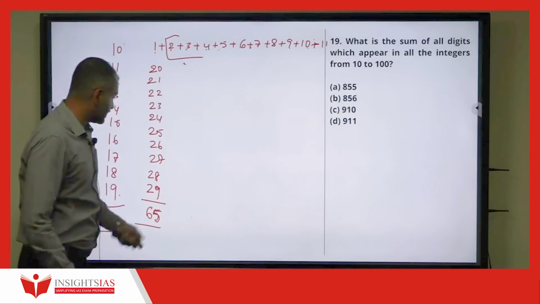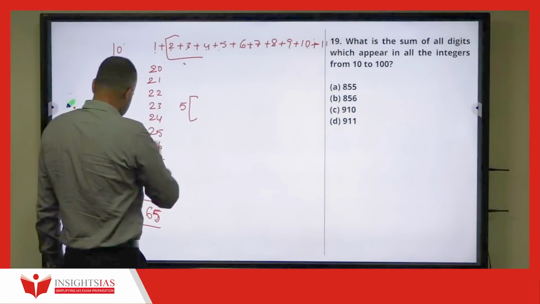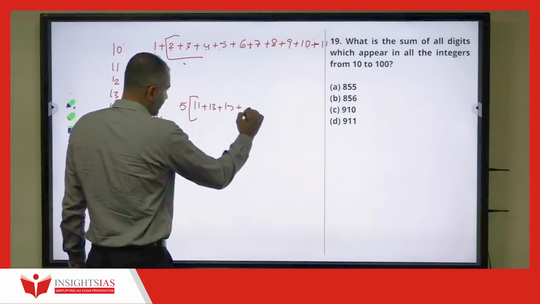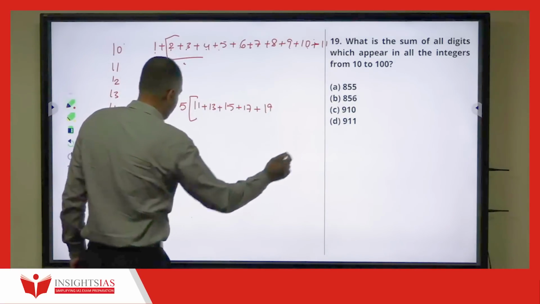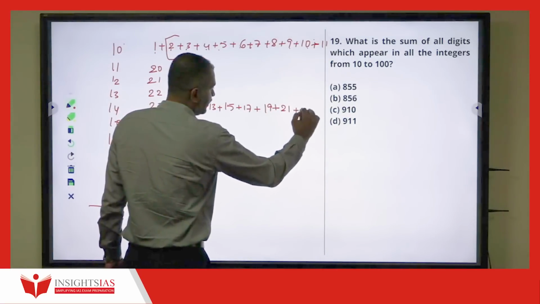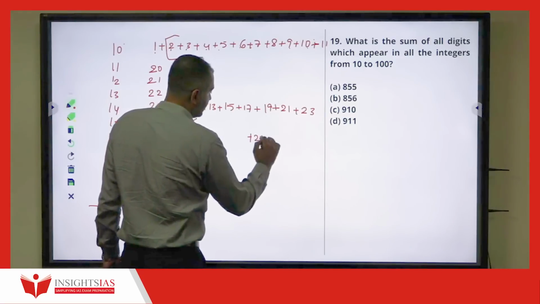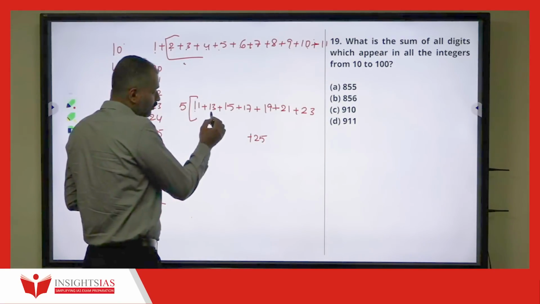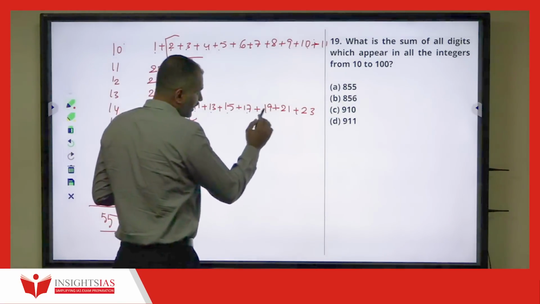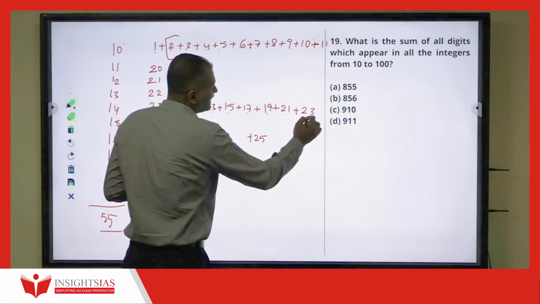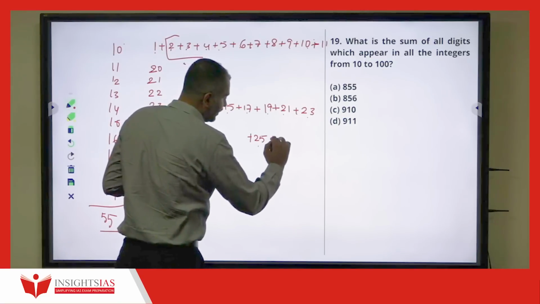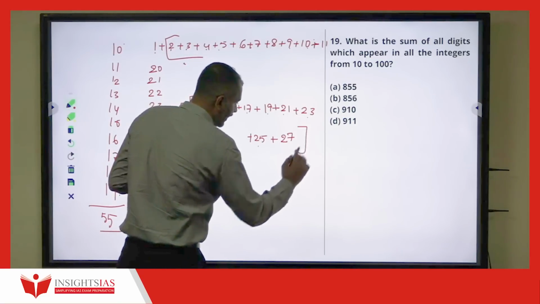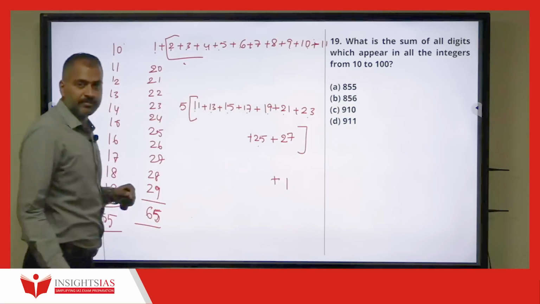Similarly, if I take out common 5 here, this will be 11, this will be 13, 15, 17, 19 and so on. This is the 10 to 19 sum, 20 to 29, 30 to 39, 40 to 49, 50 to 59, 60 to 69, 70 to 79, 80 to 89 and 90 to 99, which is nothing but 27. And plus 1 because of 100.